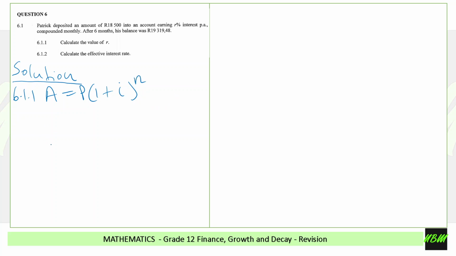So now what is A? A is the final amount, P the initial amount, i our interest rate as a decimal, and n the number of years. So now let us substitute and solve for R. The final amount after 6 months is going to be R19,319.48.